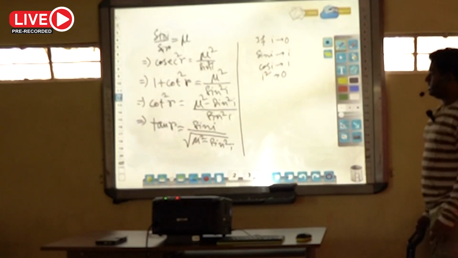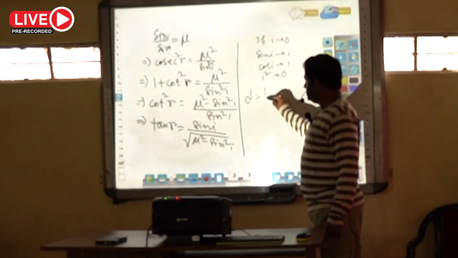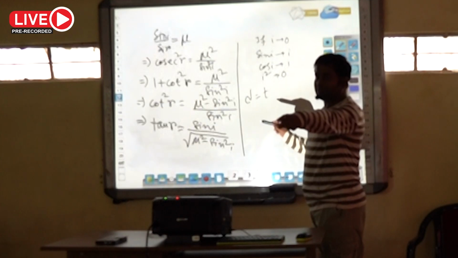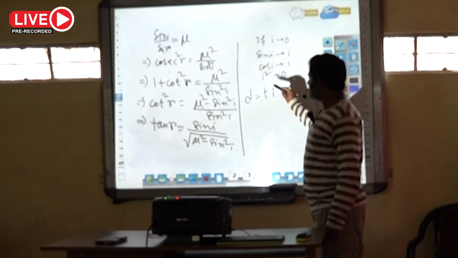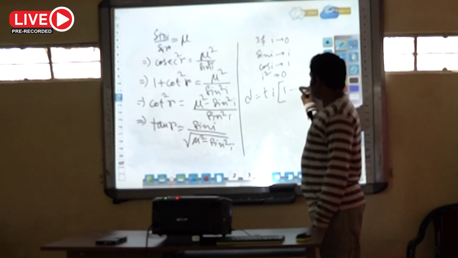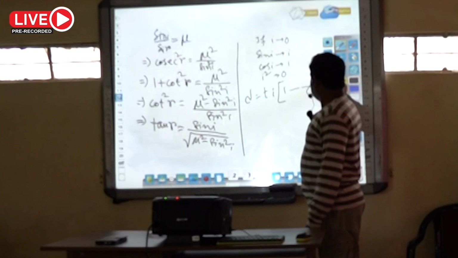Then that formula for t will become, in the previous page you have written formula number 2, sin I. That sin I will become I. 1 minus cos I will be there, cos I will become 1.